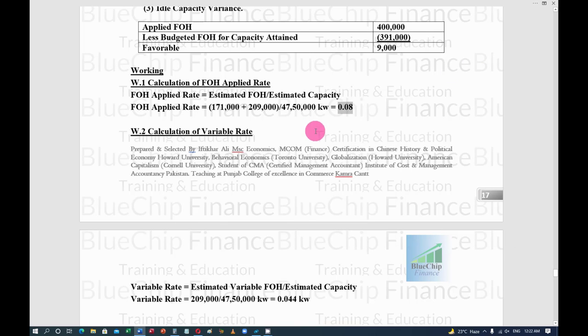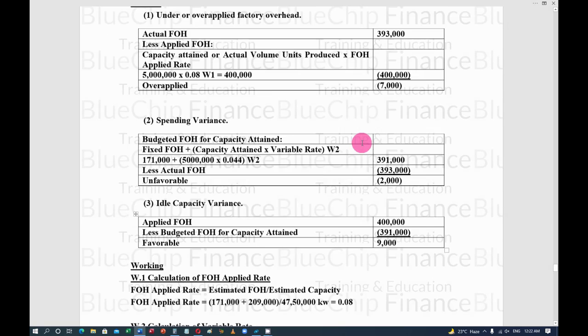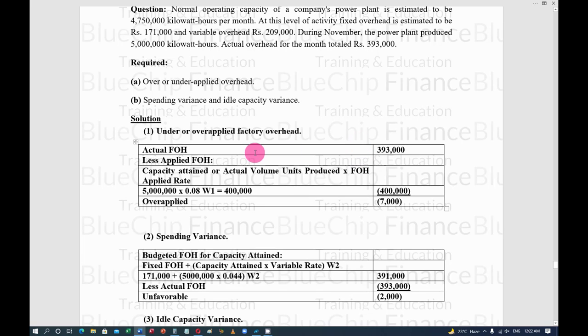So here we need two different rates in this question. One is the FOH applied rate and the other one is the variable rate. FOH applied rate is 0.08 and variable rate is 0.044. Now we turn to the question: actual FOH, which is given in the question, 393,000, less applied FOH.